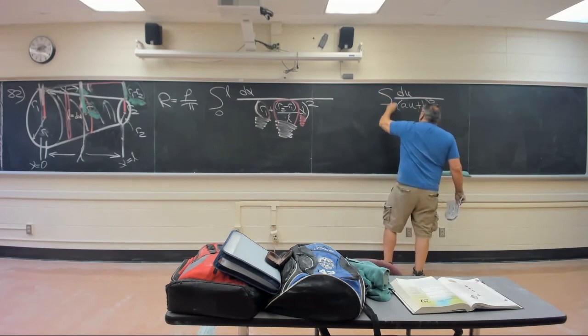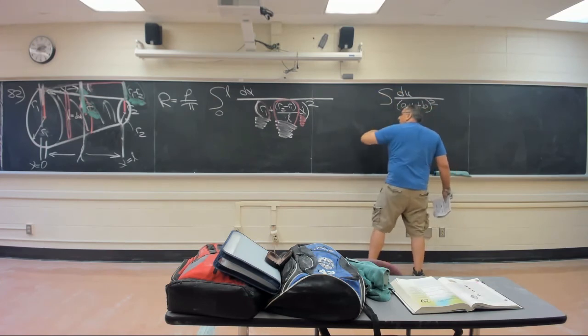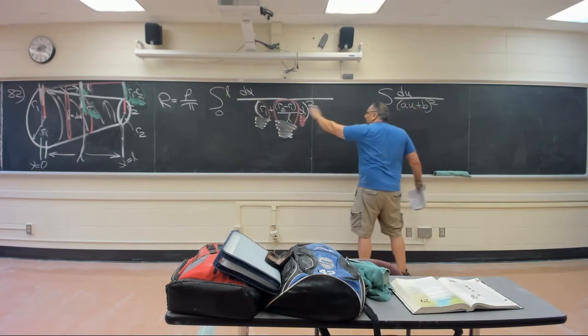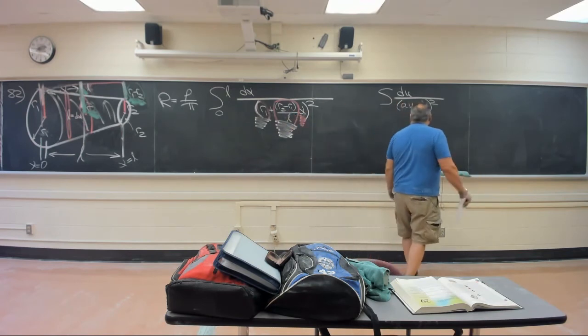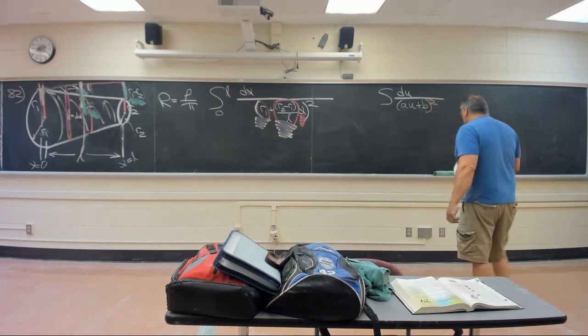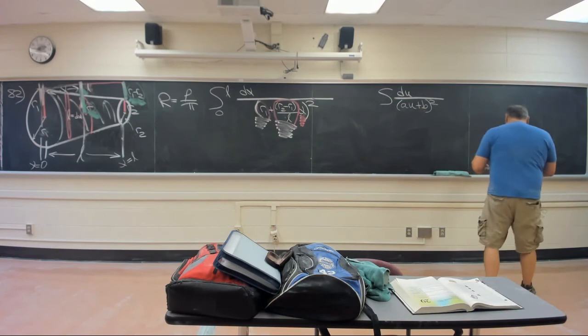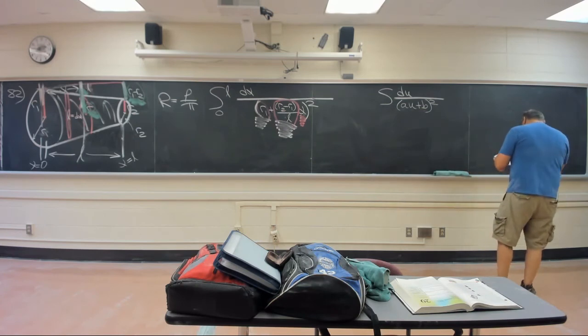The u is the x, the A is the quantity R2 minus R1 over L, and the B is R1. That's all it is.